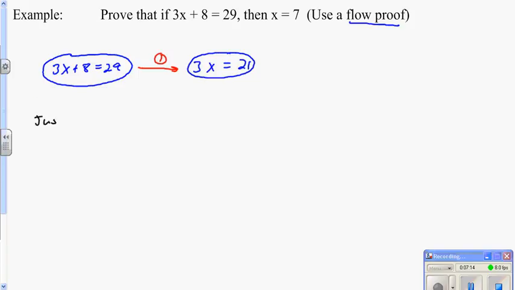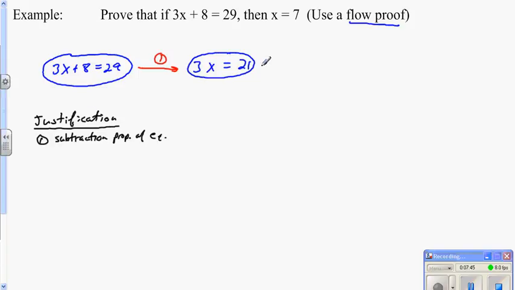Justification. And I'm okay if you say reasons. You don't have to write justification. Reasons would be the same. Step 1 is that we used the subtraction property of equality.